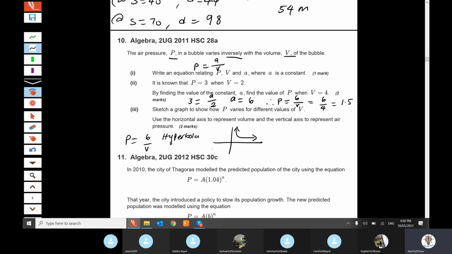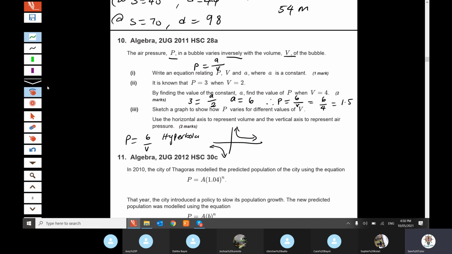If I have both positive and negative, will you have negative volume? No. So are you ever going to have the left-hand side? Also no. So really, it's just going to be the right-hand side.